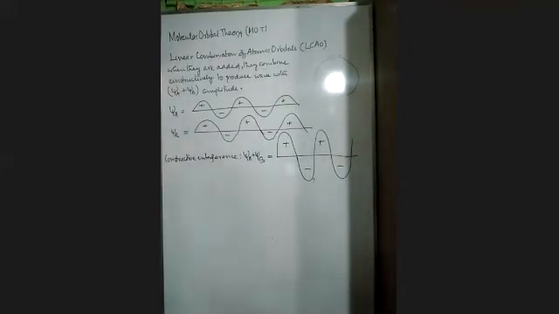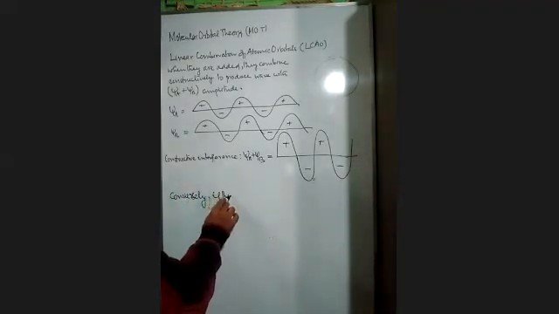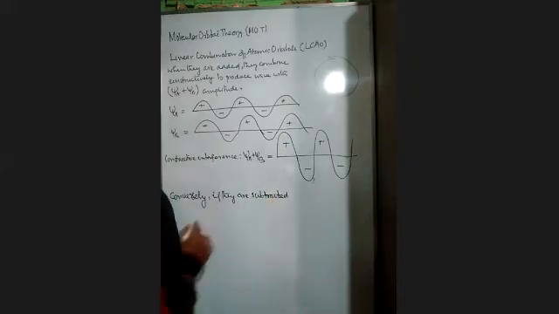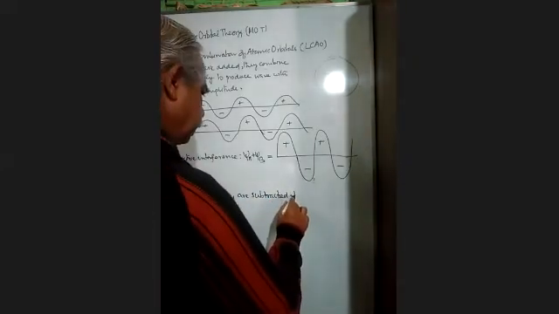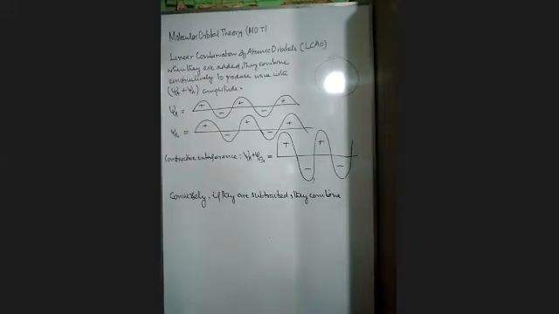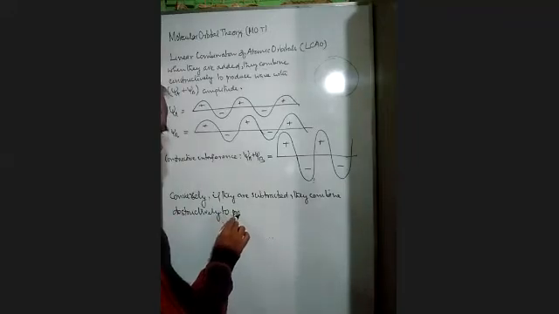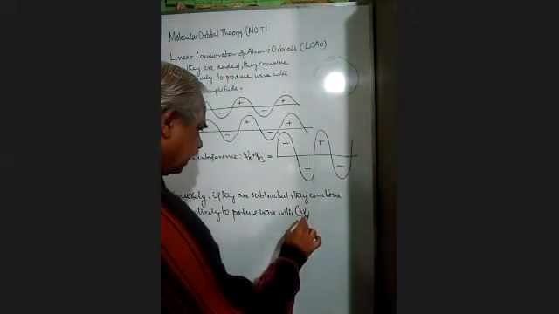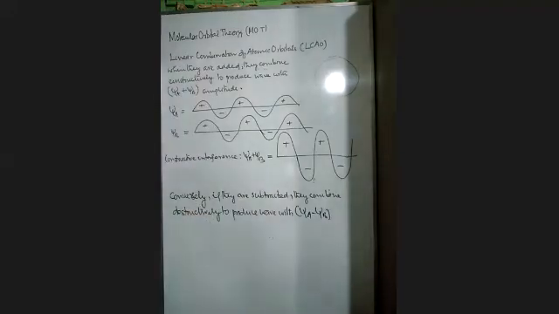Conversely, if they are subtracted, they combine destructively to produce a wave with psi A minus psi B amplitude.